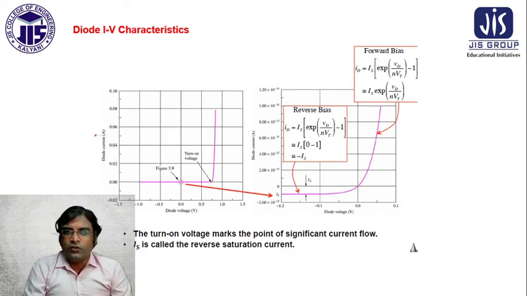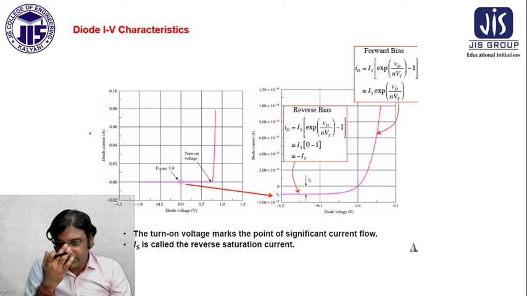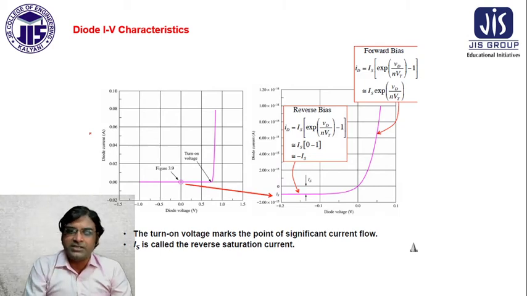First of all, we go for the diode characteristics and then we can understand these diode equations. Before that, I'm elaborating very simply. Here we represent the diode forward bias voltage curve, and you can see the equation which supports this particular graph.